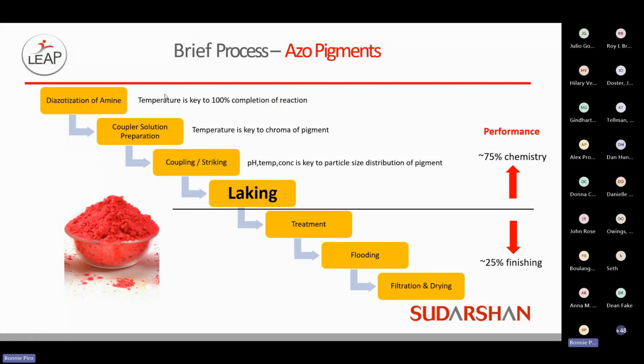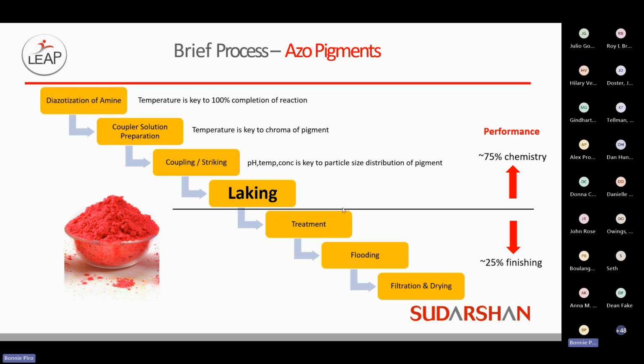So that crystal is then formed. It is the coupler selection that allows for that salting process or the laking process, and that's the key area for these four chemistries. That particular process that makes each of those color indexes unique is that laking process.